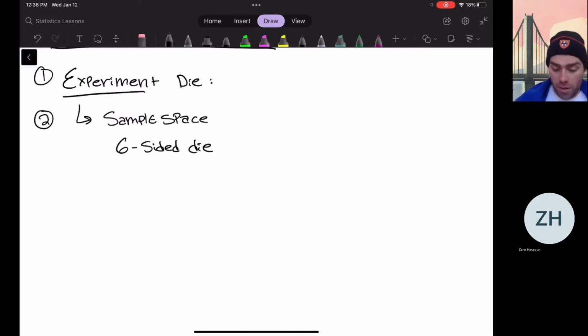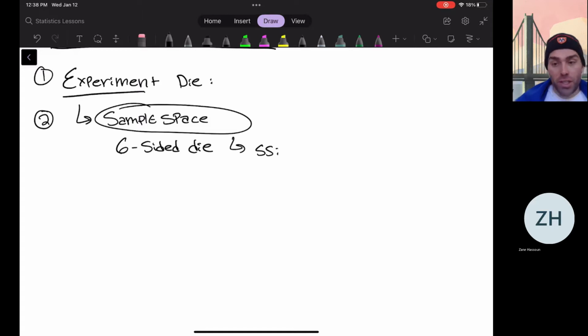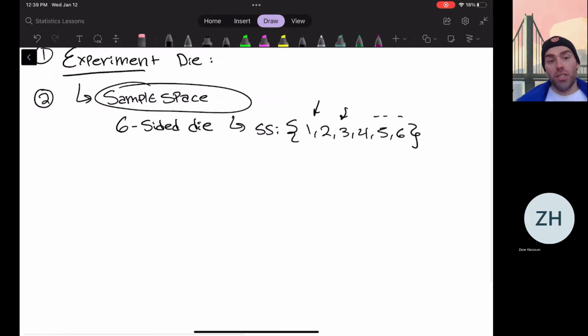Our sample space here is the collection of outcomes, so it would be just 1, 2, 3, 4, 5, and 6. When we roll it, you can't get 1 and 2 or 3 and 4. You can get either 1, 2, etc. Any of these options.